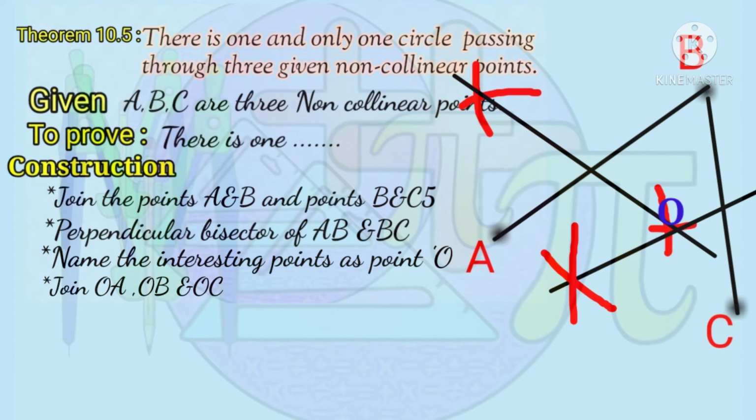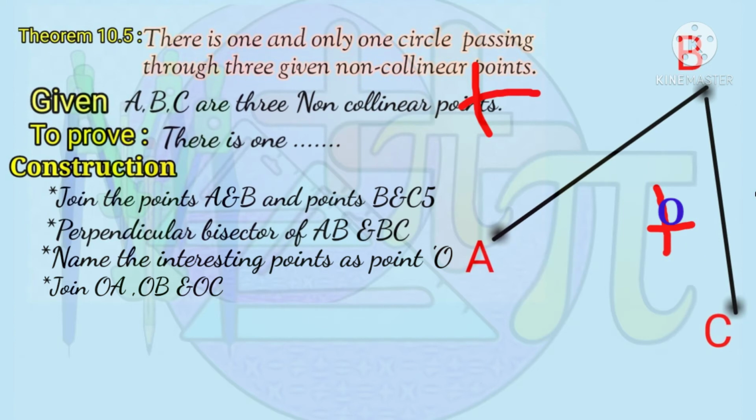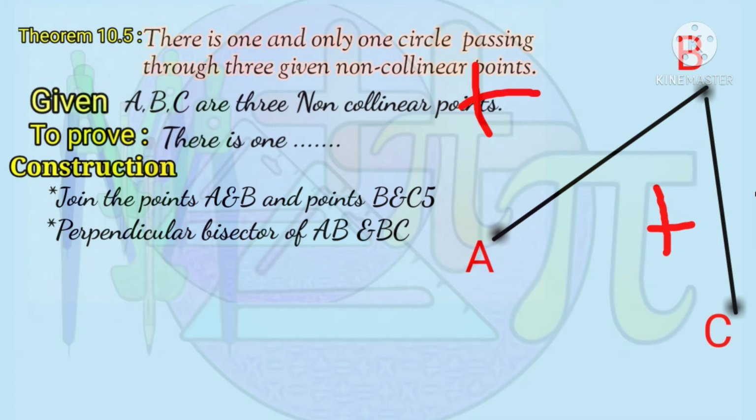Now the construction is completed, and we have to prove that OA equals OB equals OC, so that we can prove that O is the point of center. By using the center, we can find the circle that passes through these 3 points.